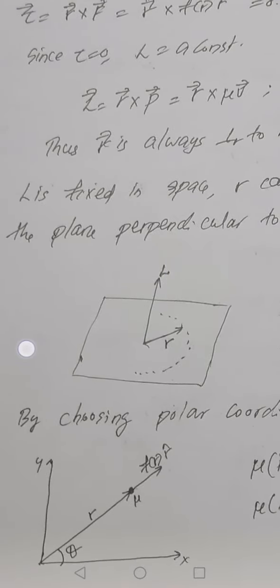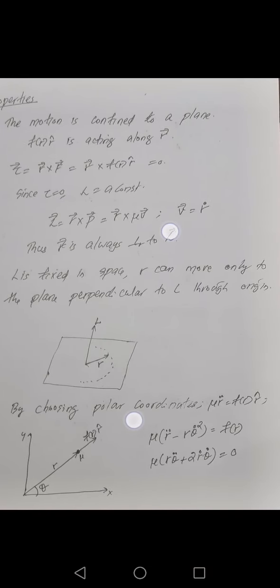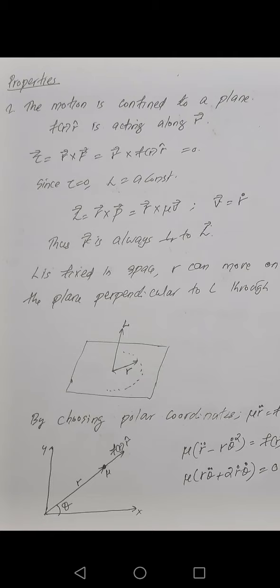So this is L, this is r, and this one is the plane. So it rotates in this way, so we require only a plane to represent r. For a plane we require only two coordinates. As you observed, we can immediately think of polar coordinates.